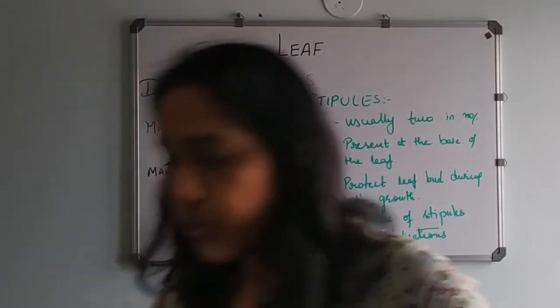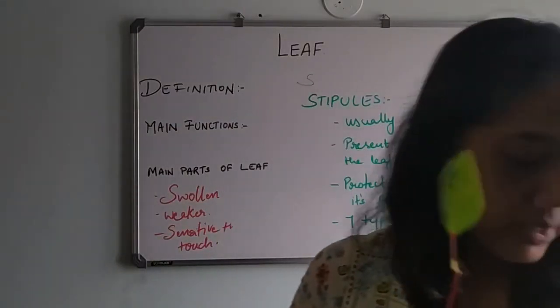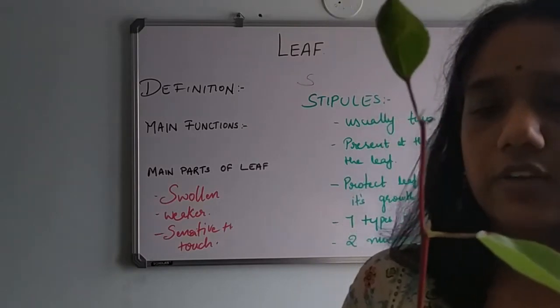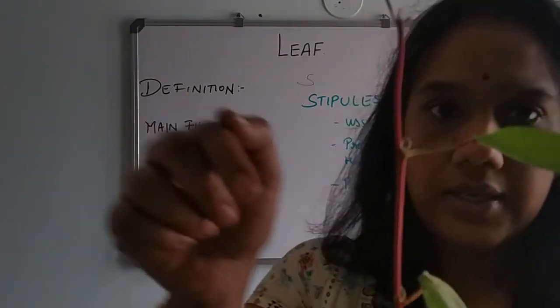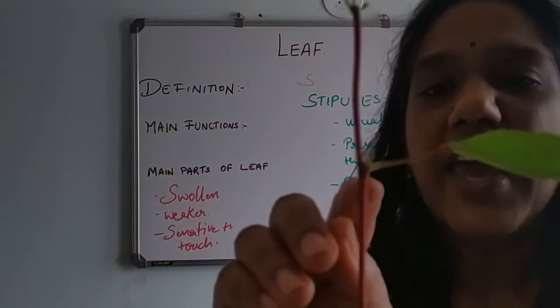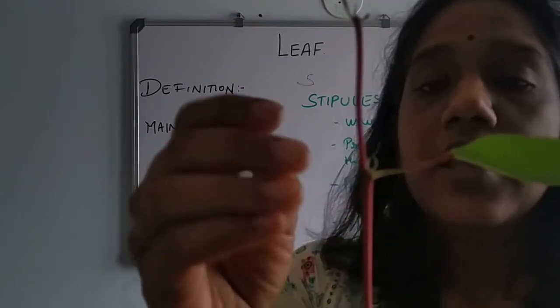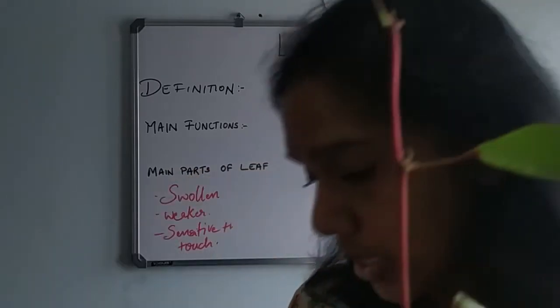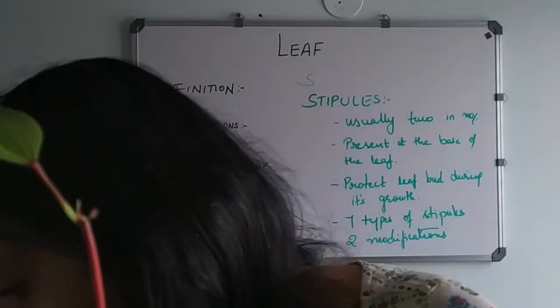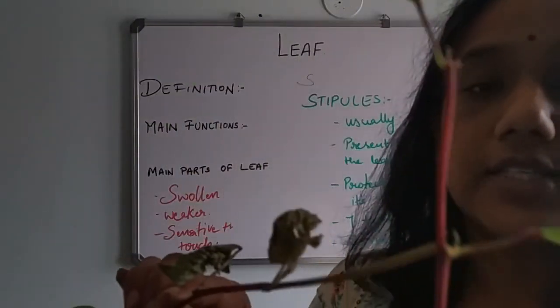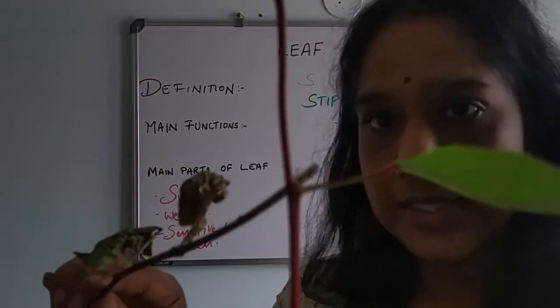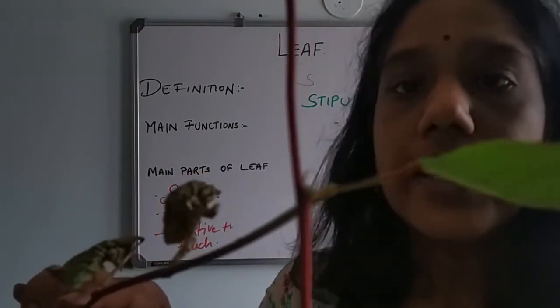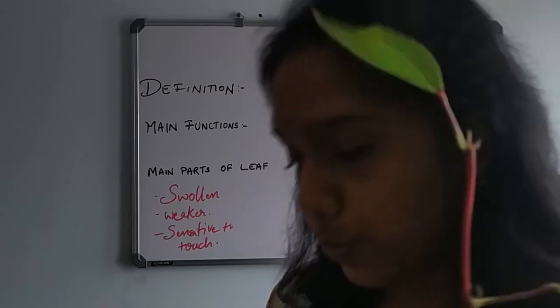The stipules will look something like this. If you look at the base of the leaf, you will see there are 2 appendages. These appendages which are present on either side of the petiole are called the stipules.